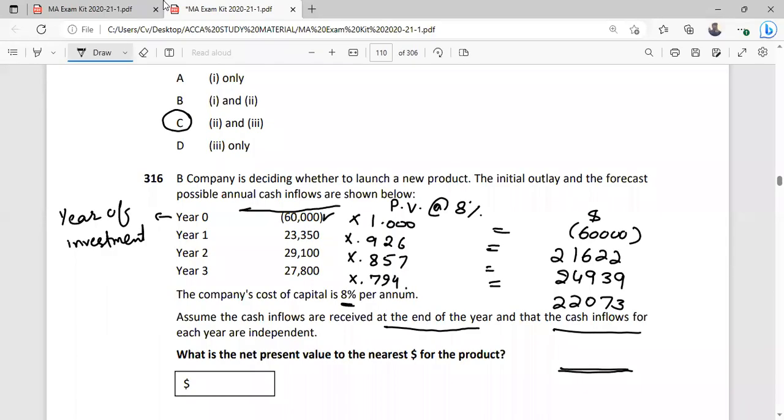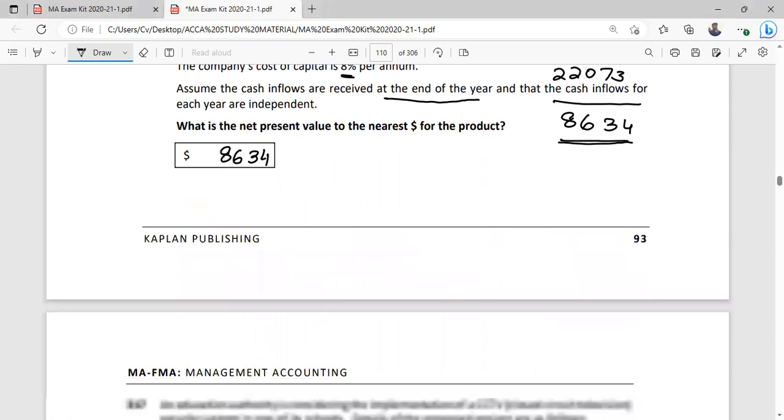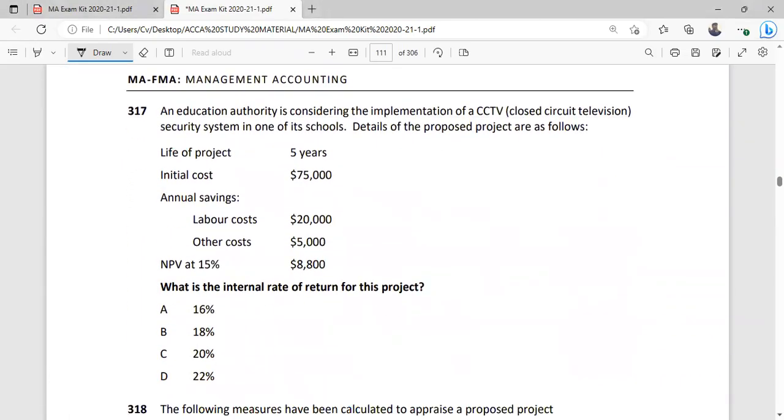So your net present value is 8,634. So 8,634 is the right answer. Any question? Okay. Now we will move on to the next question.